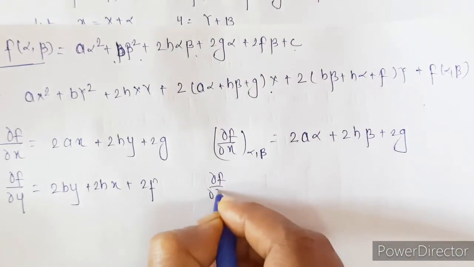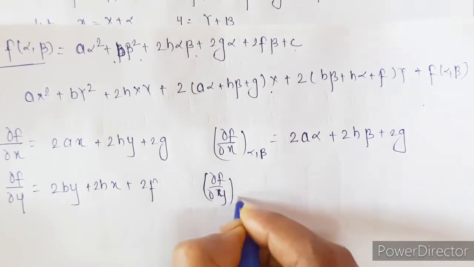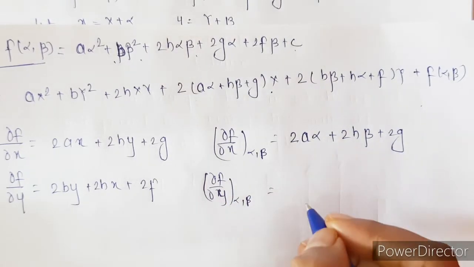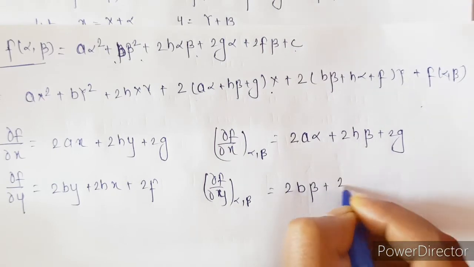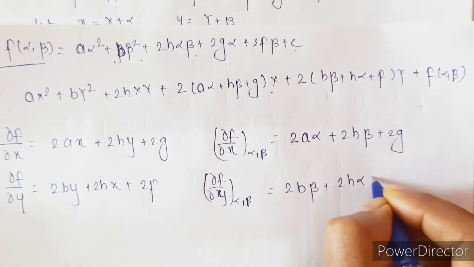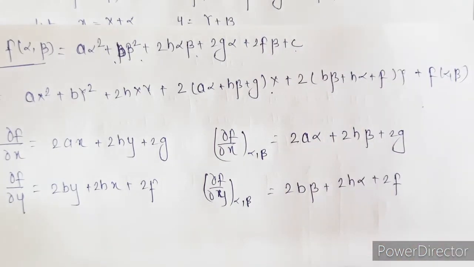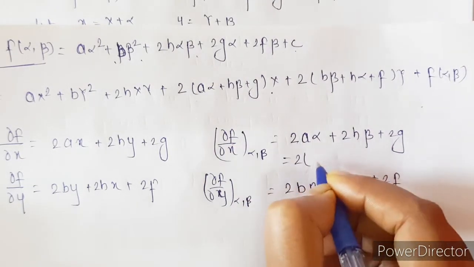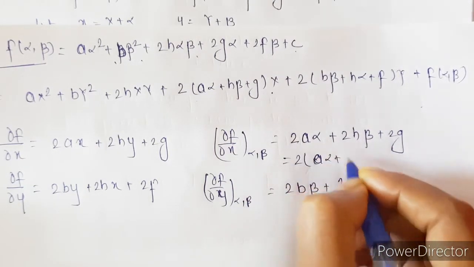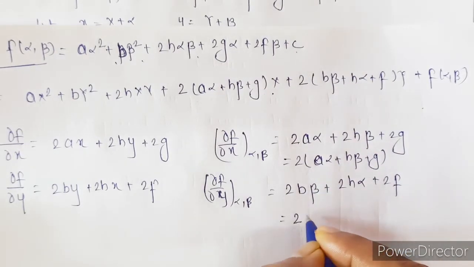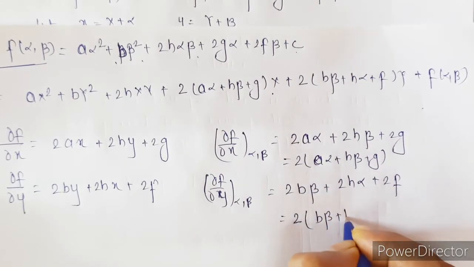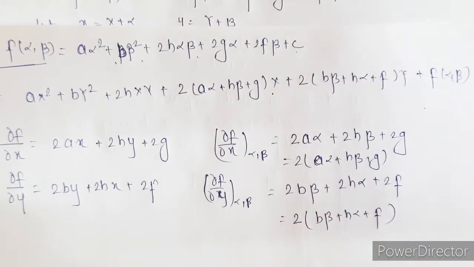Again, ∂f/∂y with respect to α, β, we can write this as 2bβ, 2hα and 2 times f. If I am taking 2 common, this will be aα plus hβ plus g, and this will be bβ plus hα plus f.